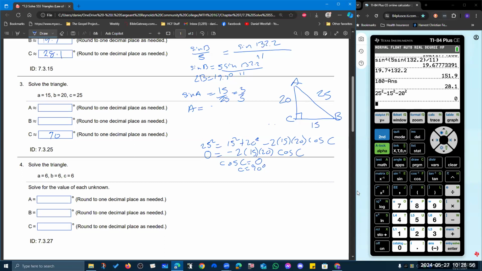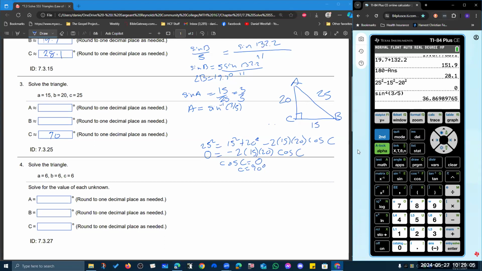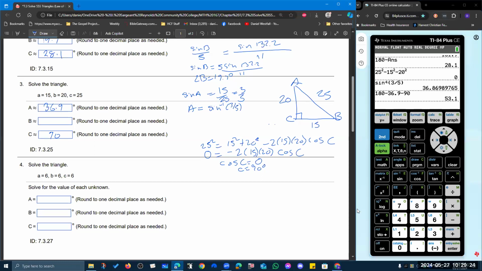So A equals arc sine 3 over 5, which is 36.9 degrees, and 180 minus 36.9 minus 90 is 53.1. Makes sense to me because it's complementary to 36.9.